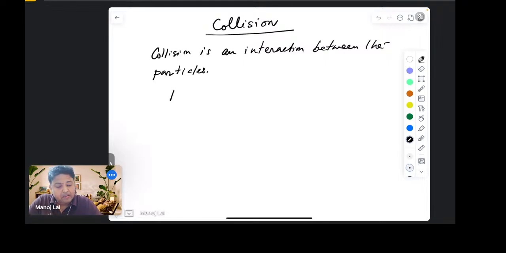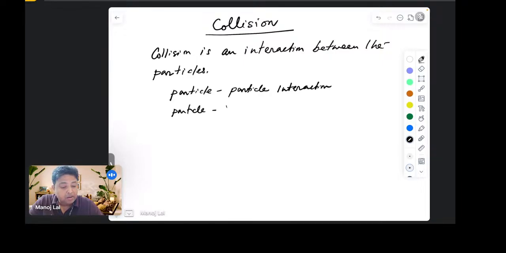As I told you that, particle-particle interaction, and then I will discuss particle and rigid body interaction.